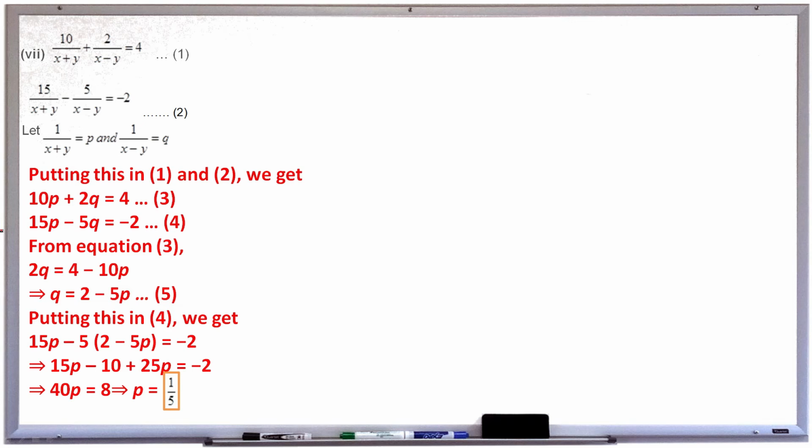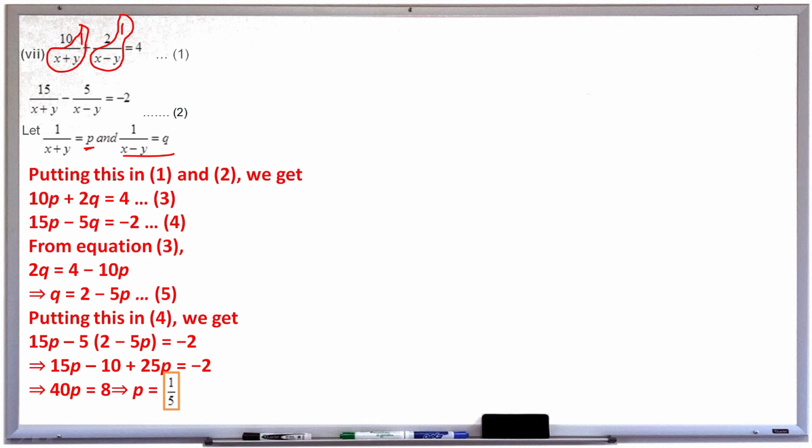Seventh sum: 10 by x plus y plus 2 by x minus y is equal to 4. Another equation. You can see these two equations, what we can take: 1 by x plus y as p, and 1 by x minus y is equal to q.